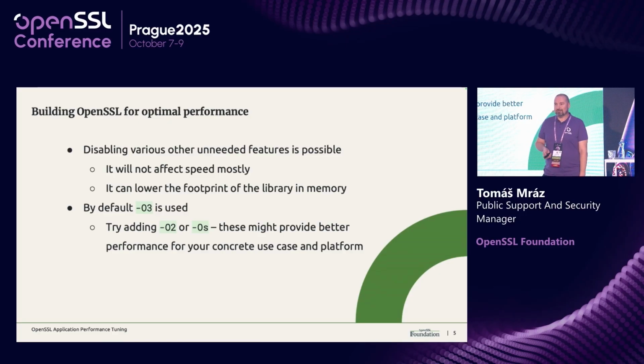By default, we are using -O3 optimization for GCC or C compiler, Clang. You can try adding -O2 or -Os. They actually might provide better performance, or historically they might have provided better performance for your concrete use case, platform, compiler, and so on.